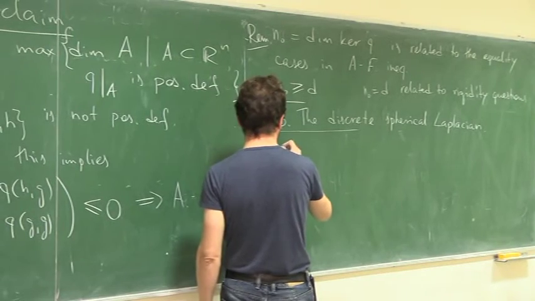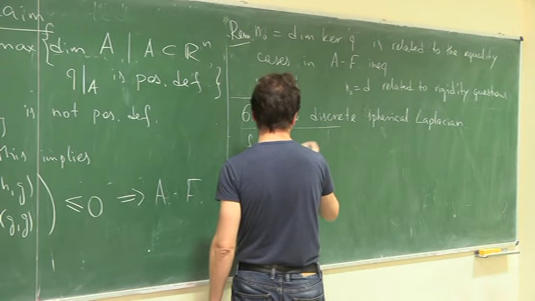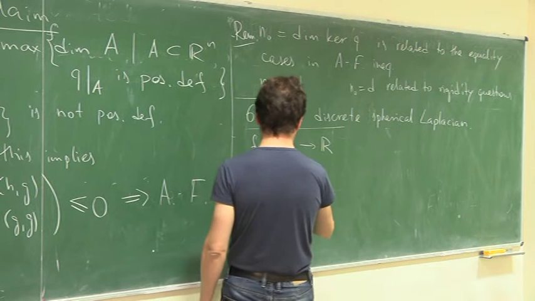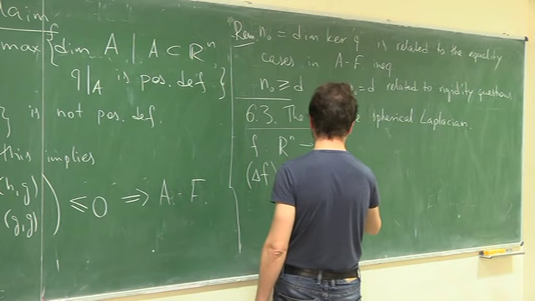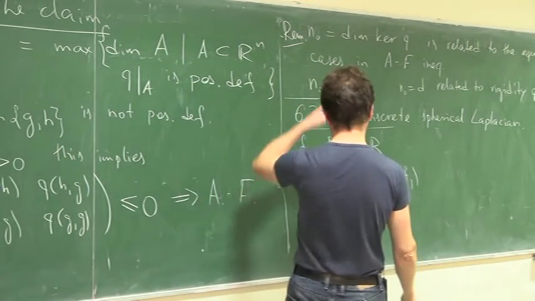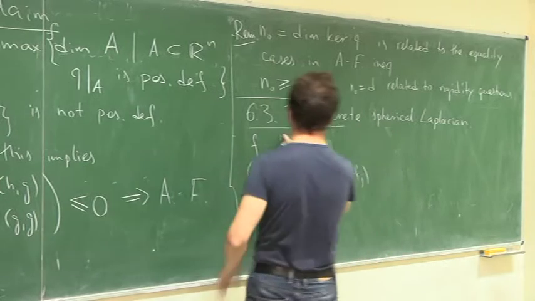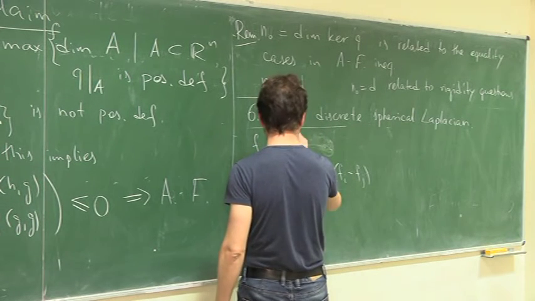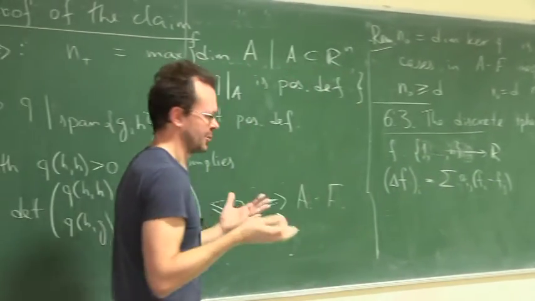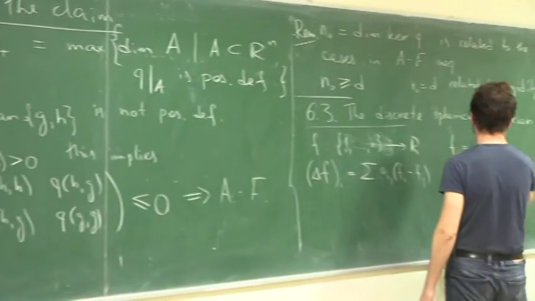If you have a function f on the vertex set of some graph, then the discrete Laplacian of f is given by the sum of a_ij times (f_i minus f_j). Actually, f is defined on some finite set, {1,...,n}, to R. So a discrete function is a function defined on just a finite set of points, and f_i is f of i.